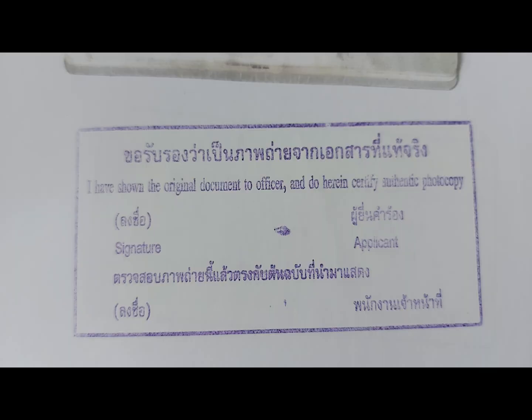Now, one of the things they wanted was every document that I'd supplied, like copy of Blue Book, copy of TM30, copy of passport, all things that basically were mine, they stamped with an immigration stamp, and I had to go through and write my name on every one.